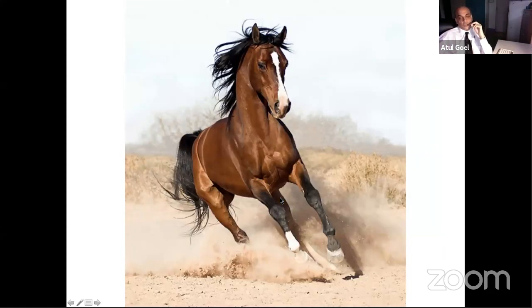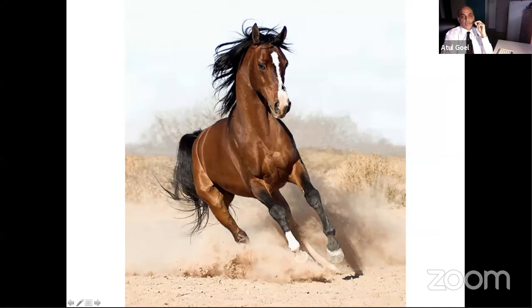To introduce this concept for the first time in the literature, I am going back into the embryogenesis and the craniovertebral junction of various animals. The first animal that I'm introducing to you is a horse.